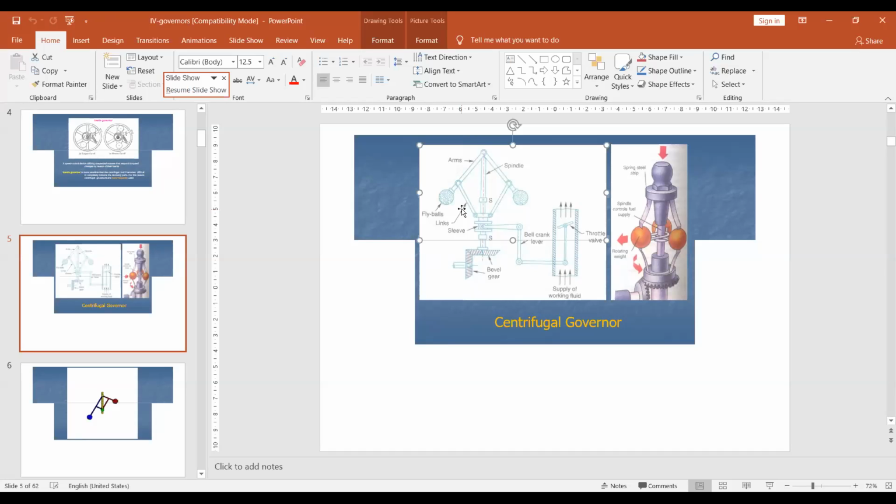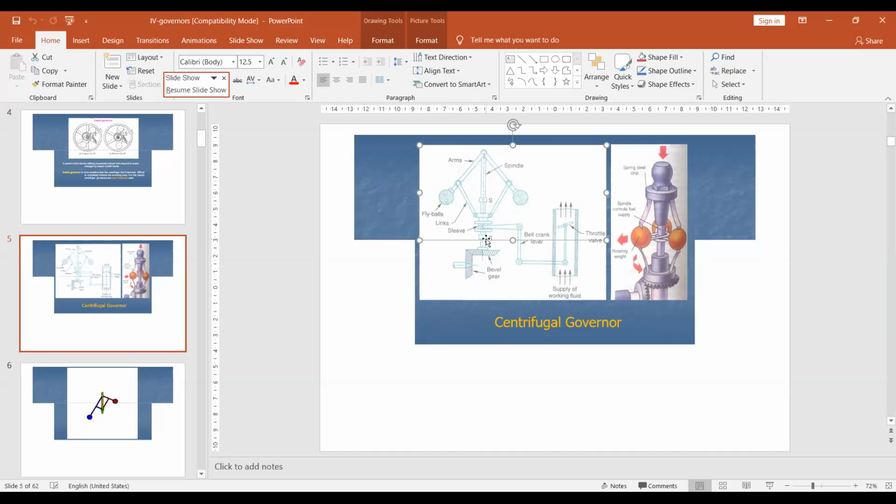When the spindle rotates at higher speed, the fly balls produce higher centrifugal force. When the spindle revolves at lower speed, the fly balls get only less centrifugal force, which means the radius of rotation R is lesser.